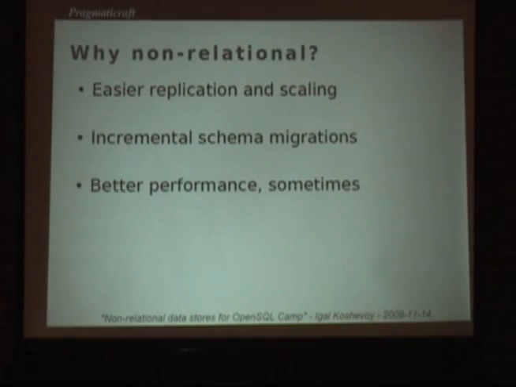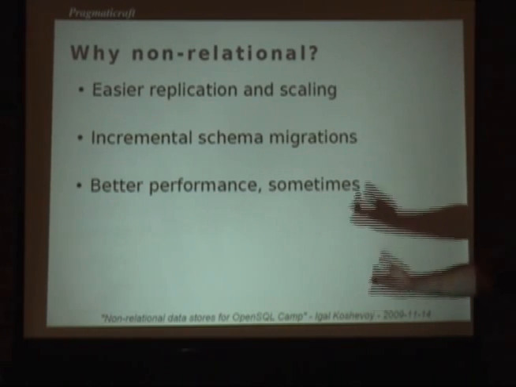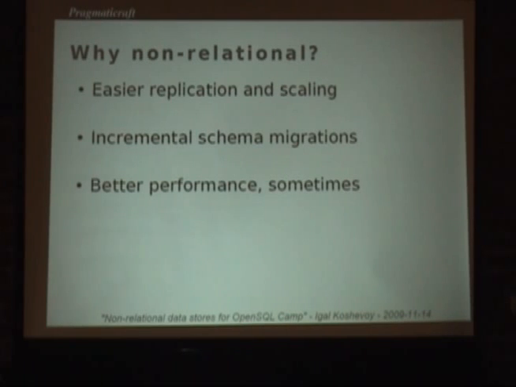Because non-relational databases don't have a rigid definition of their tables, you can incrementally change the schema on a document-by-document basis, as opposed to having to stop all the apps and lock all the databases for a possibly very time-consuming set of table alterations.